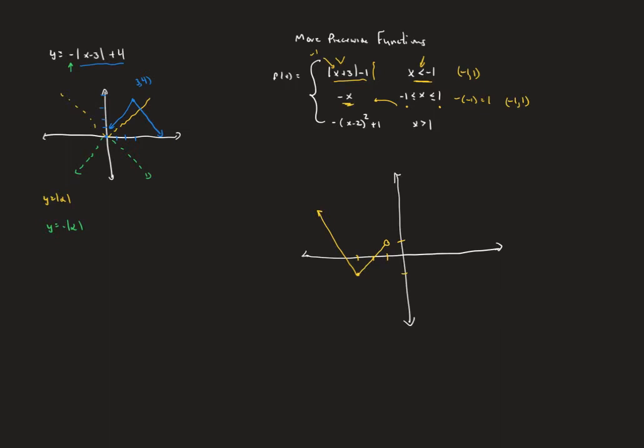So the starting point of that is going to be (-1, 1), and that's going to be a solid dot because of the "or equal to," and it just happens to exactly fill in that open circle that was part of the original graph with the absolute value. When I plug in the +1, we're going to get (1, -1). So (1, -1) is going to be also a solid dot, and then I'm going to connect those 2 points with a straight line segment.